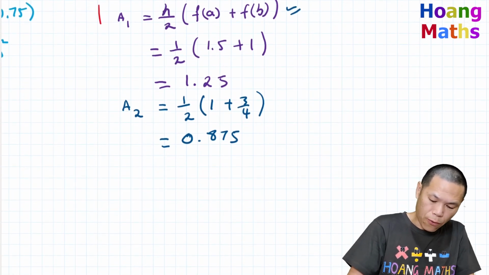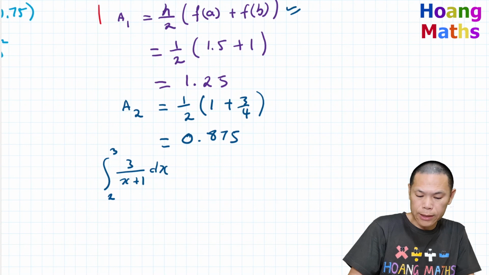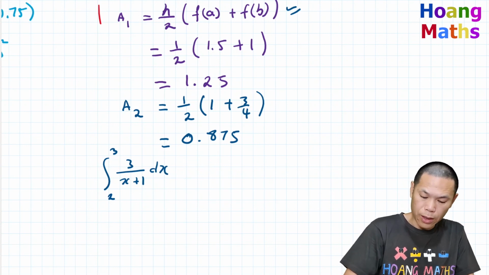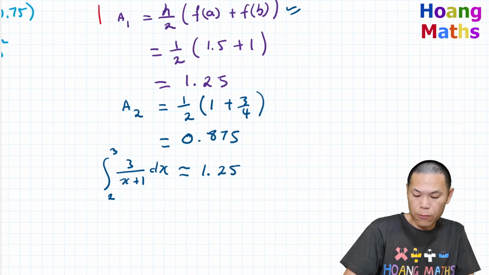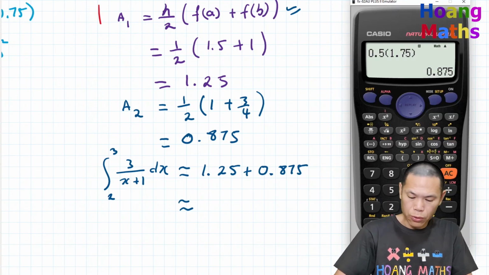So therefore, the area from 1 to 3 of the function 3 over x plus 1 dx is approximately 1.25. We add 0.875. That will give me, so just put on a calculator.